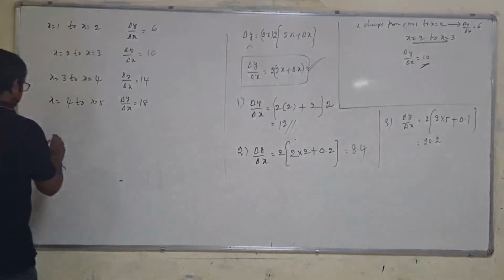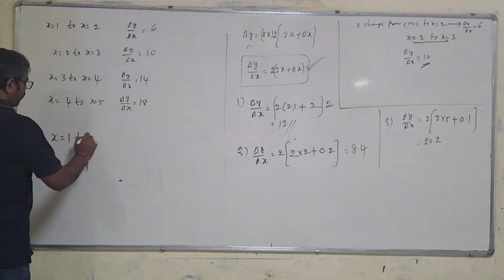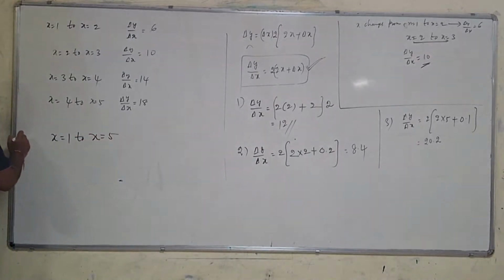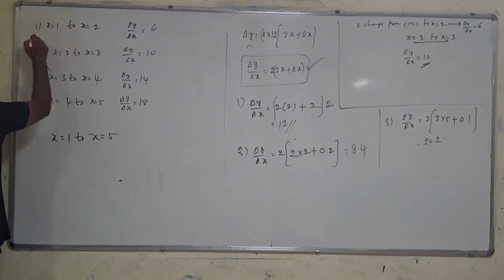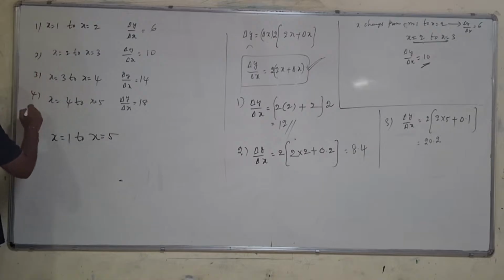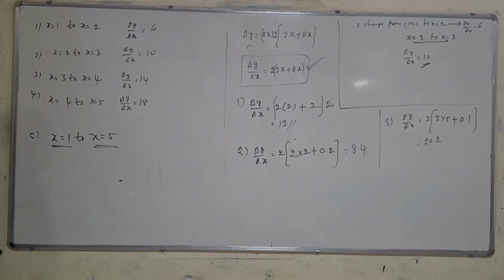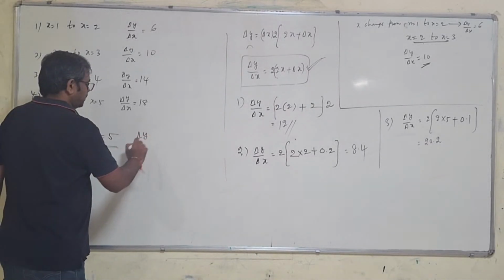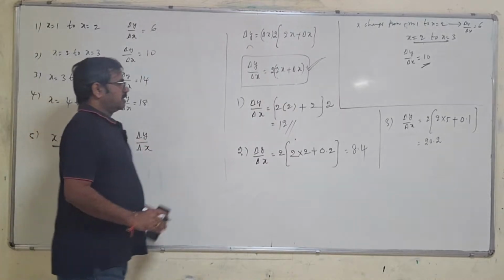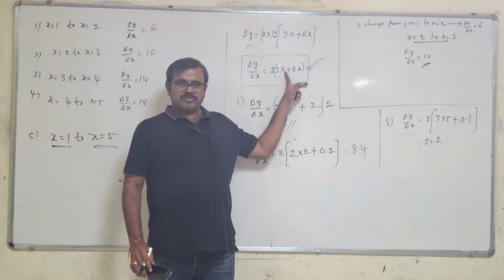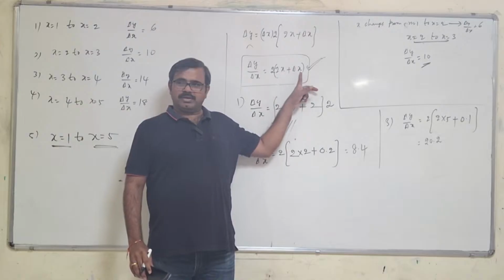When x changes from 1 to 5, now one more. x is equal to 1 to x is equal to 5. Find out delta y by delta x. 2 plus 4, 6.